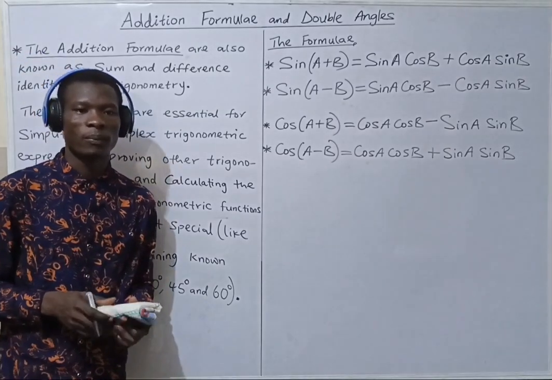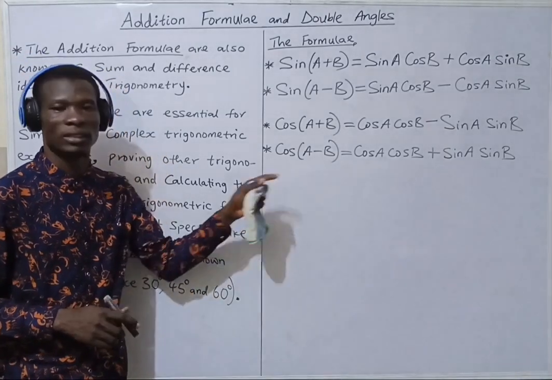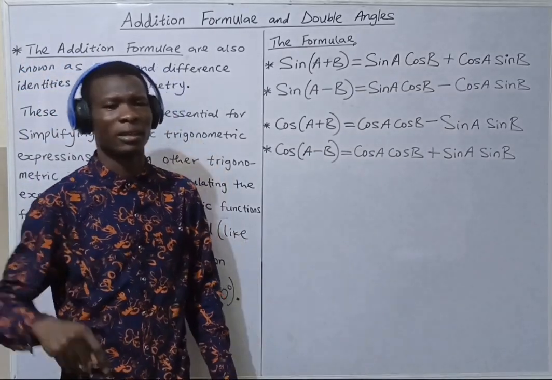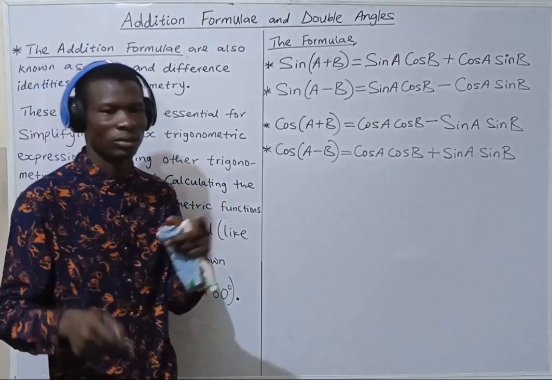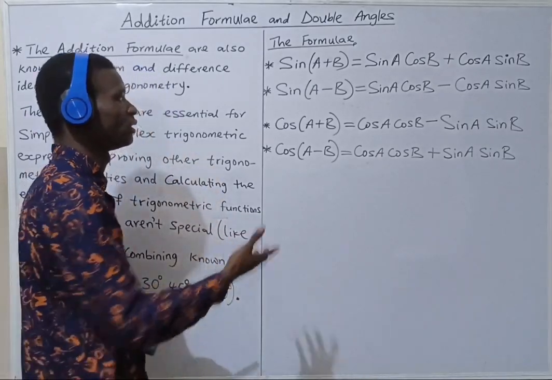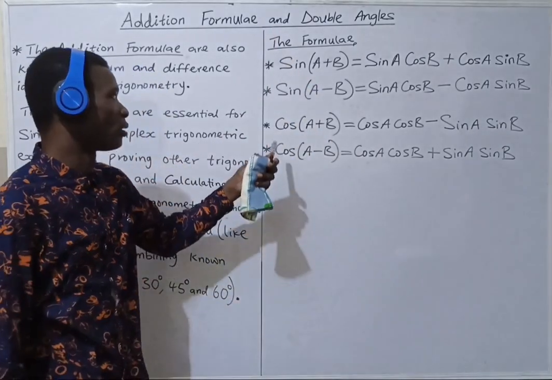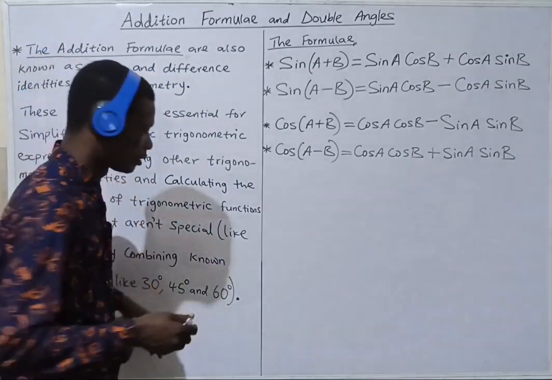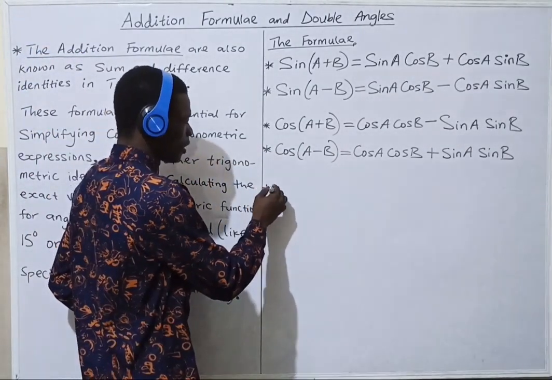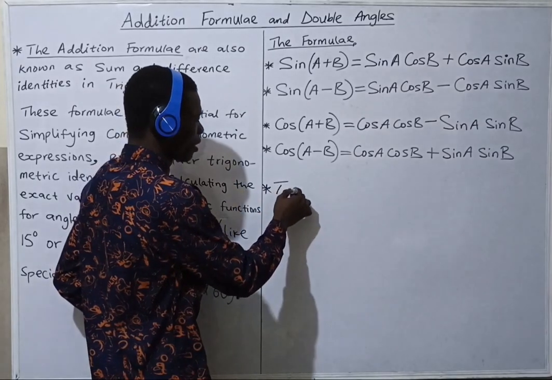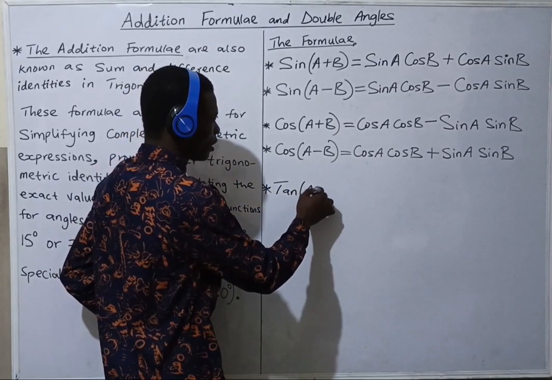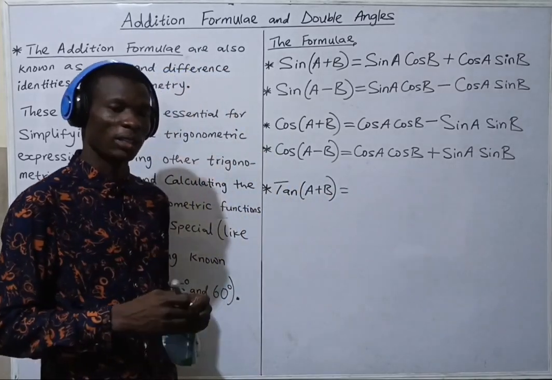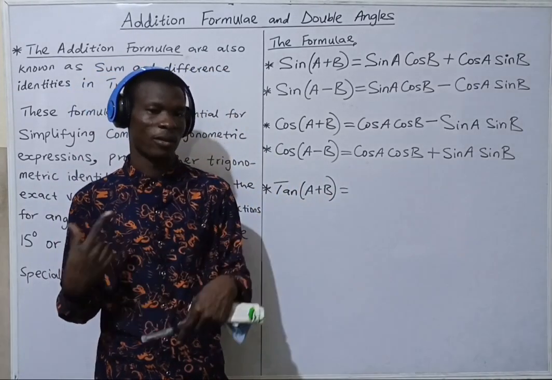Okay. Thirdly, we'll be having the tan. Instead of me just giving you the tan formula directly, I want to do a little switch to that tan formula, so you can see how the one of sin(A + B) and cos(A + B) can affect that of tan A and tan B. So we are having tan(A + B), and this is what I'm going to do, because of course we know that tan theta is the same thing as sin theta over cos theta.